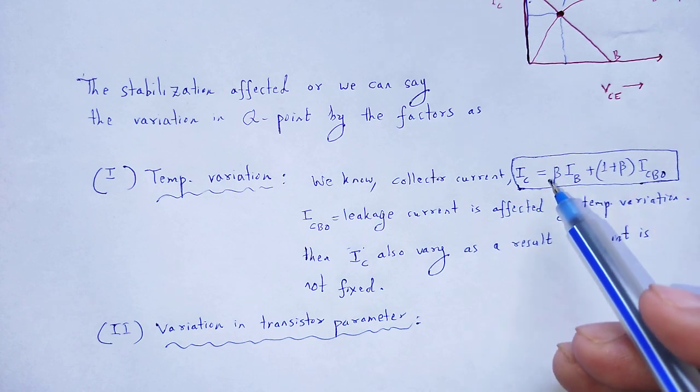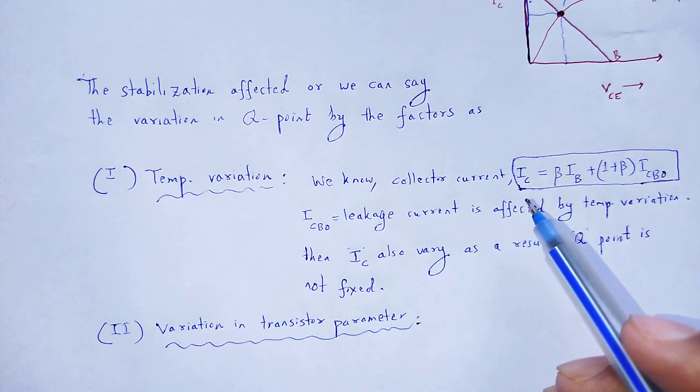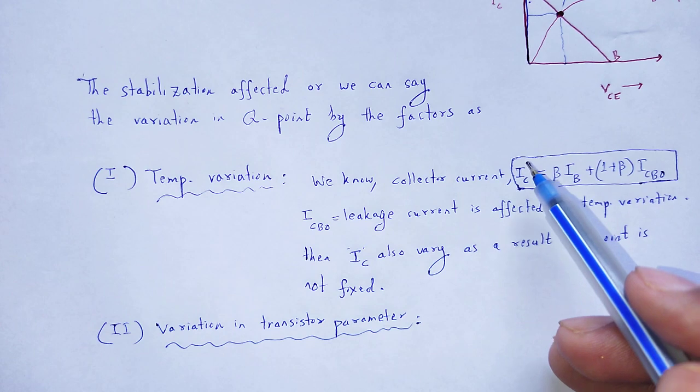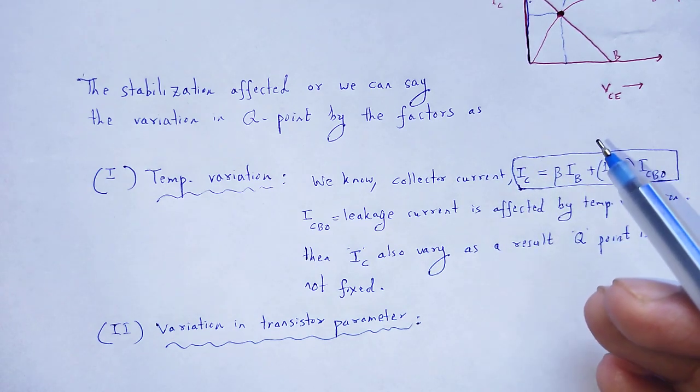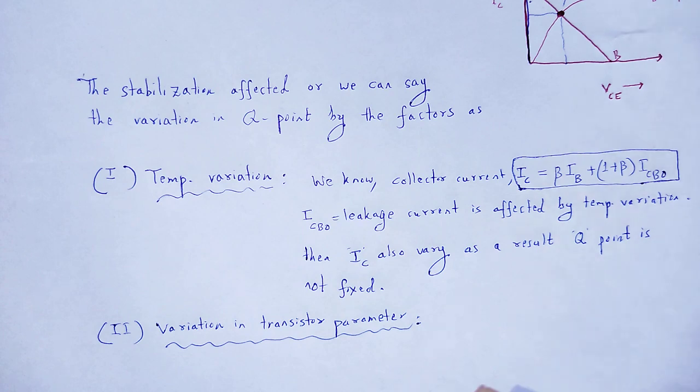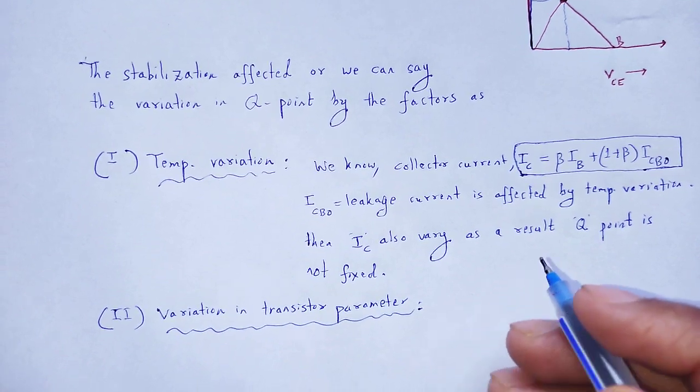As that amplification factor differs, IB is affected, as IB is related to IC. At that point, the Q point is also not fixed.